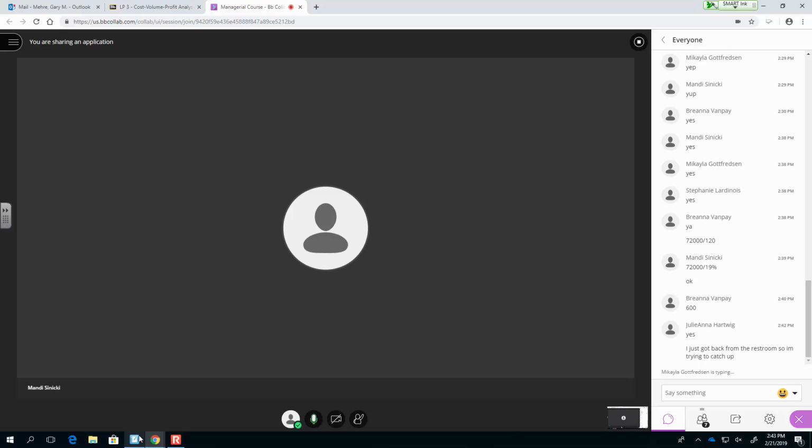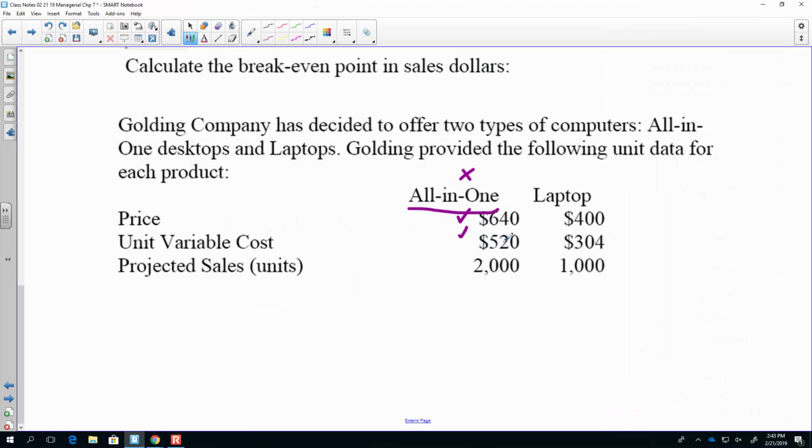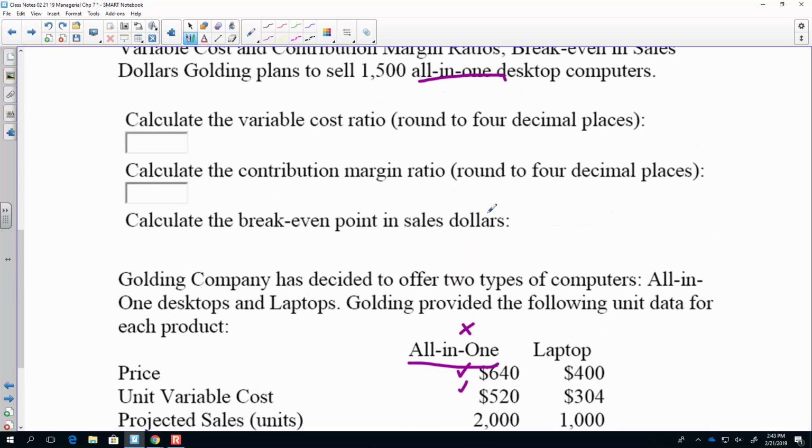Oh, okay, sorry. That's okay. Michaela, it looks like you're trying. Yeah, it's just the 520 over the selling price. So this 520 over the selling price.